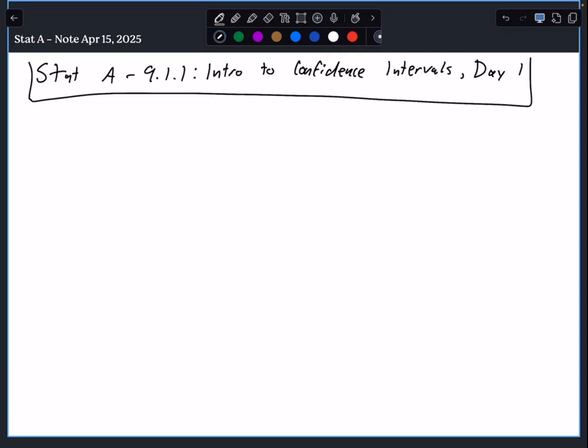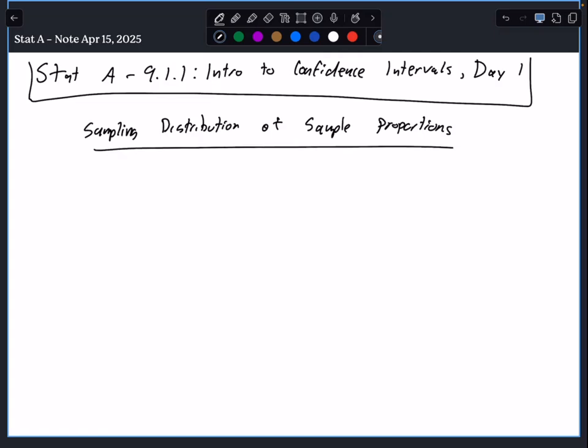So the main thing that we're talking about here, of course, is the sampling distribution of sample proportions. We know we do SIN: we want a sample that is random. We want to know that our sample size N is less than 10% of the population.